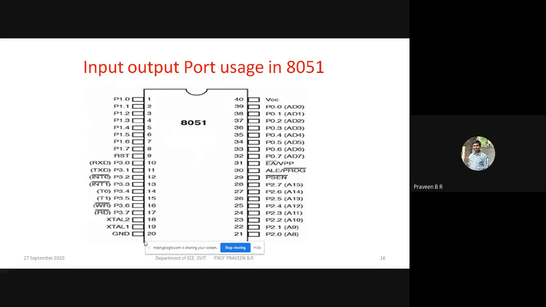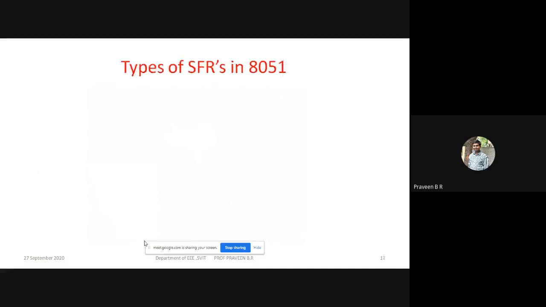The 21st pin to the 28th pin is used for port 2. The 29th pin is used for enabling the program store. Address latch enable is the 30th pin, and we have the other pin which is called the VPP or EA bar, whereas port 0 is used from the 32nd pin to the 39th pin.